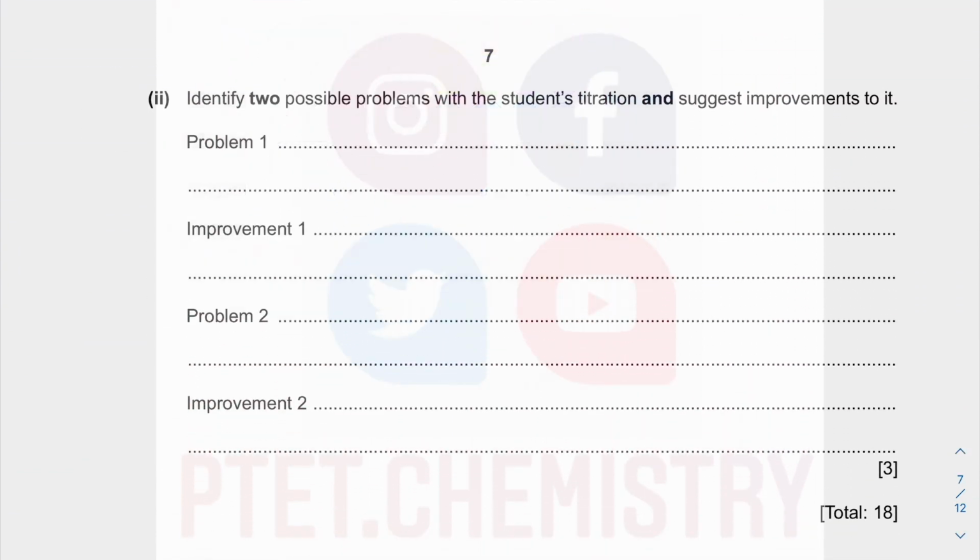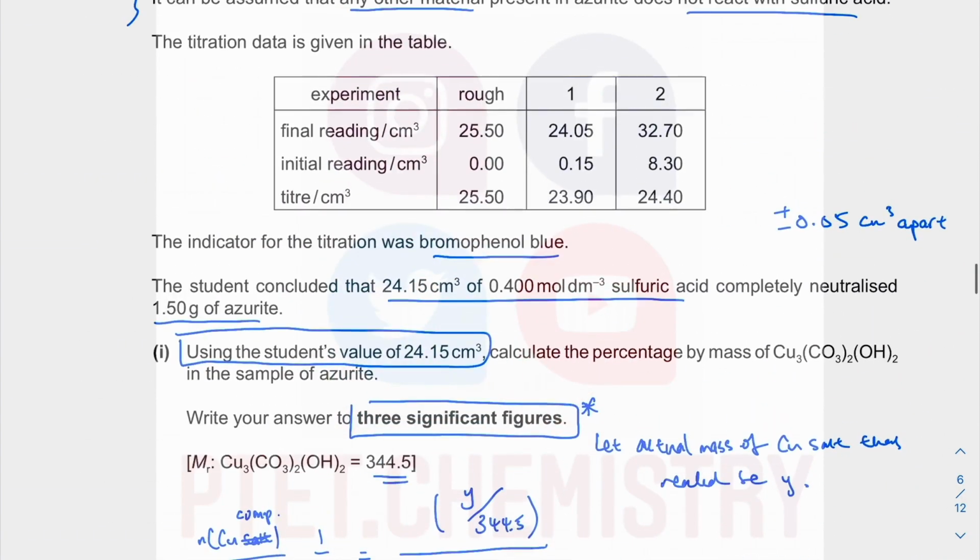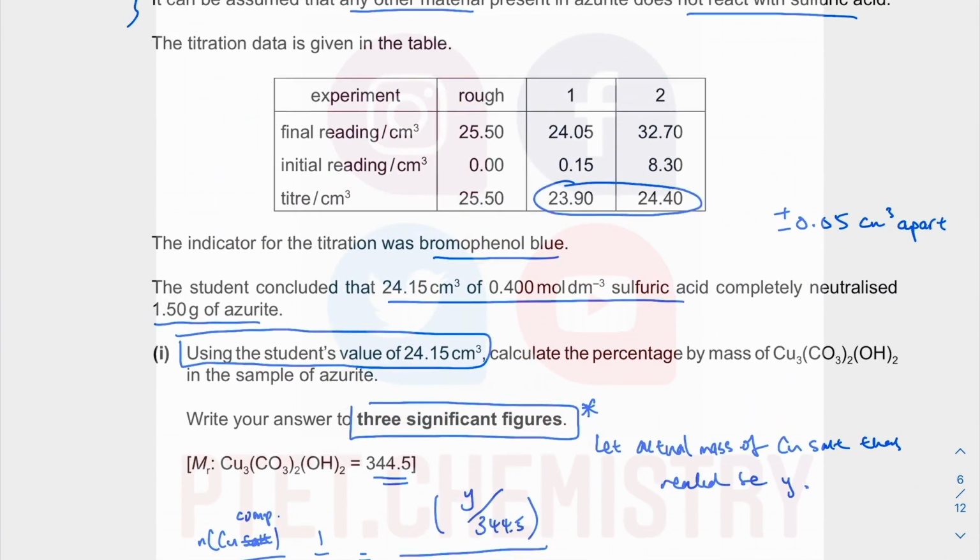Identify 2 possible problems with the titration. How can you improve it? Well, one thing, as I mentioned previously, you see how the accurate titer was not consistent to this.